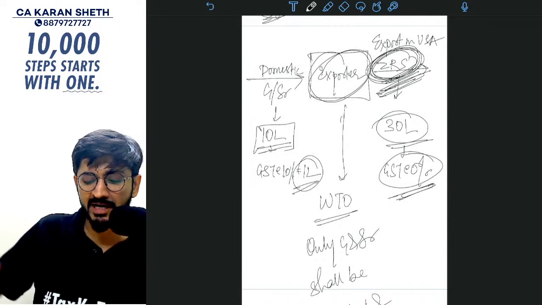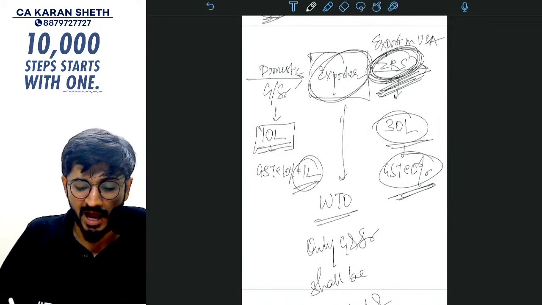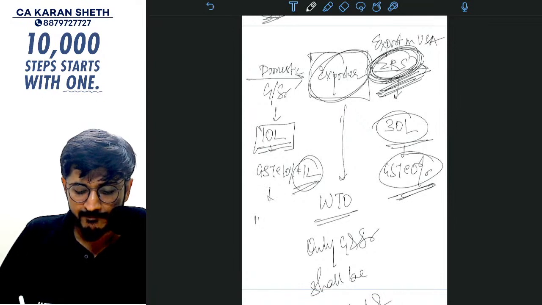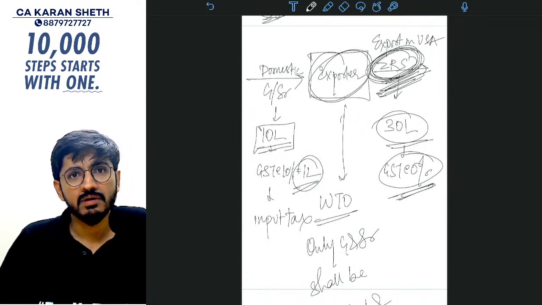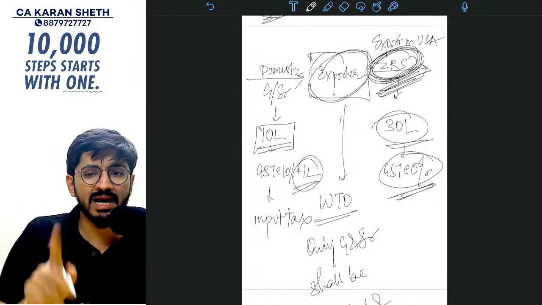But then this exporter complained that, listen, if the output tax is 0%, understand that I have purchased goods from India, so someone else has charged me GST, so I have landed up paying input tax to the extent of 1 lakh.